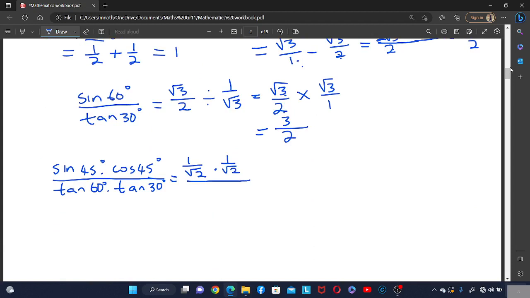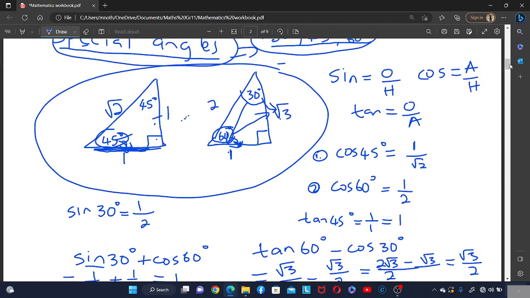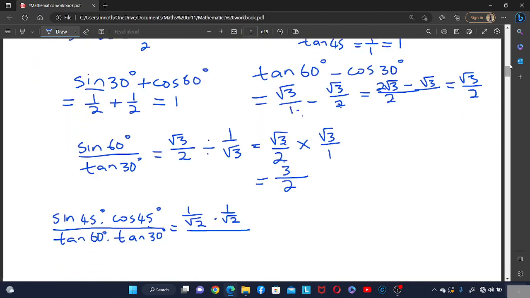All over tan 60. So tan is opposite over adjacent. So tan 60, the opposite side is root 3, and the adjacent side is 1. So it's root 3 over 1, which is root 3.